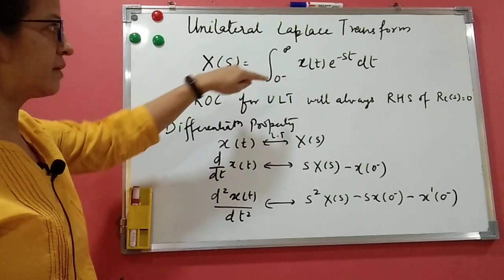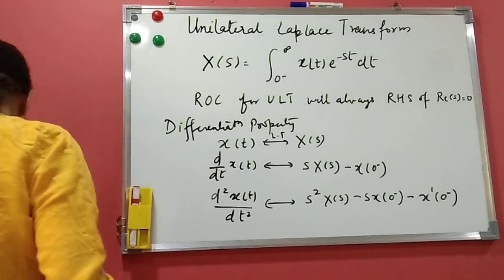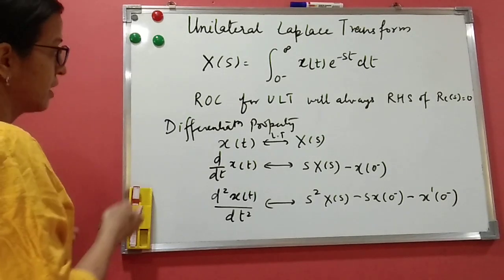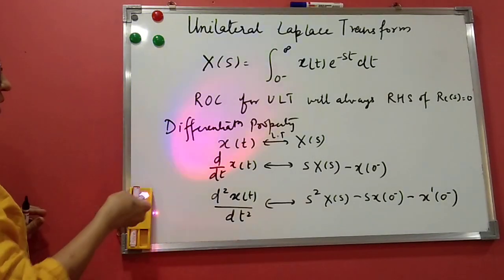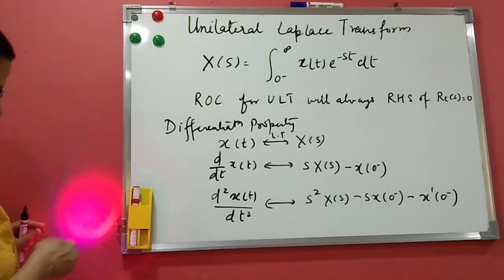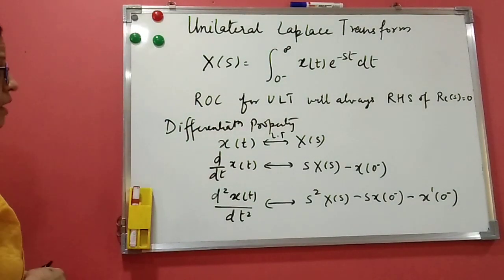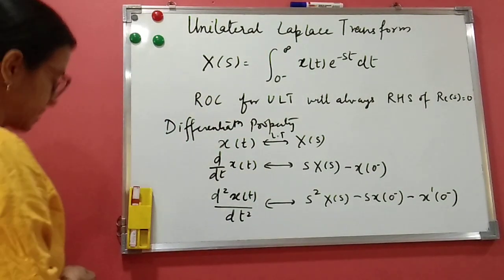Okay, so this is the unilateral Laplace transform. It is a one-sided transform, and the ROC for this will be the right hand side of real s greater than 0.